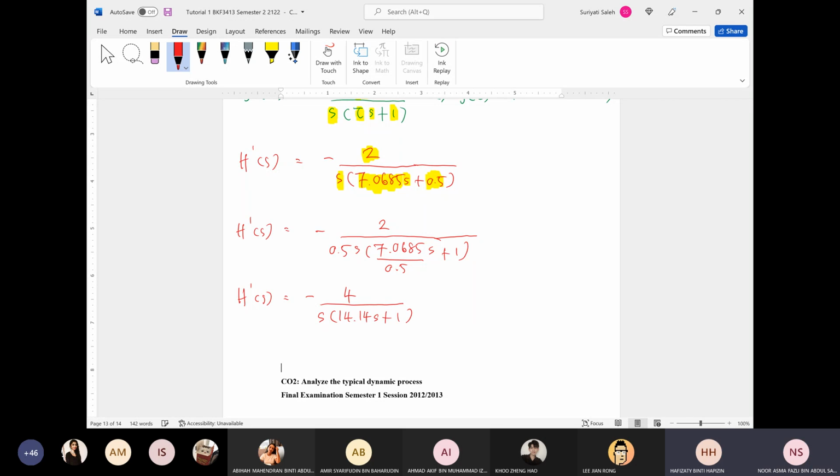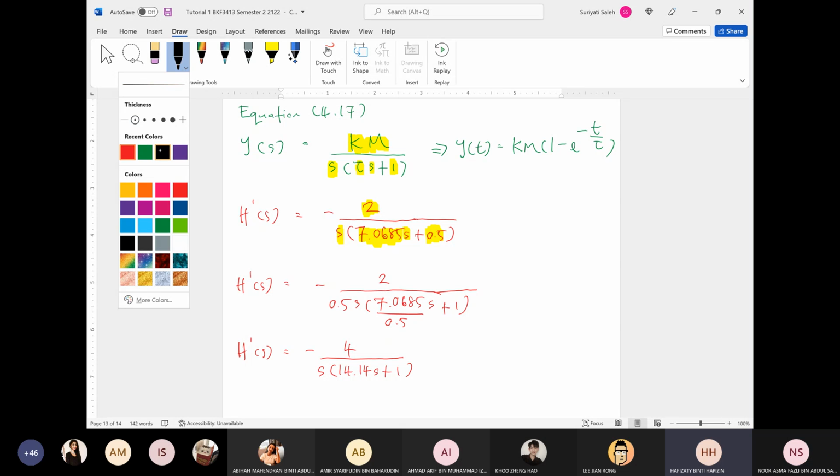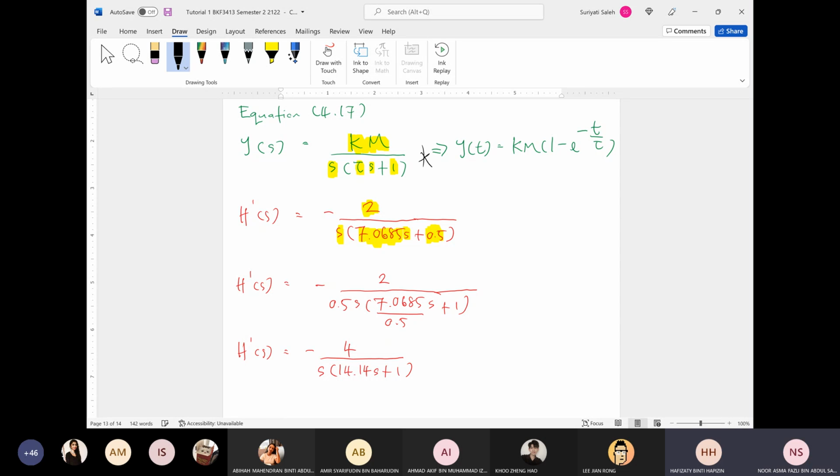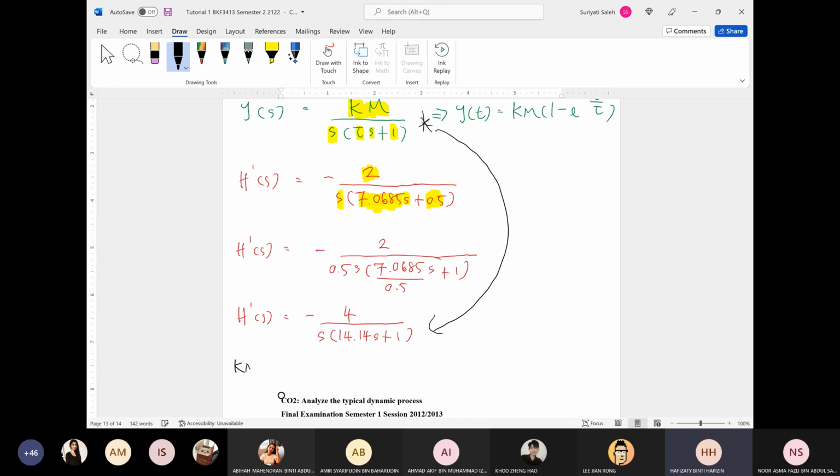So now I have the same form like I have for the YS. If we compare this equation with this, I know that my Km equals negative 4, and my tau equals 14.14.